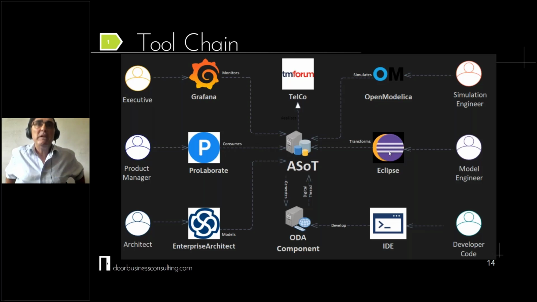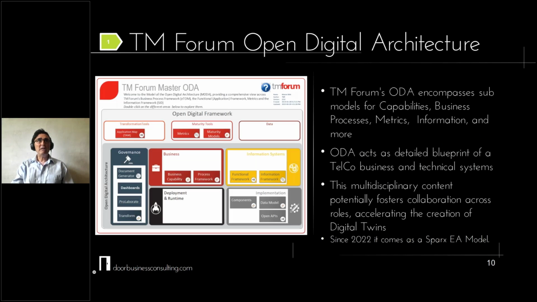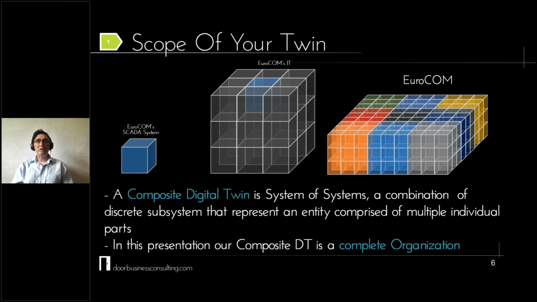So top-down has a very different meaning. You can start top-down in a part of the organization and start building. You remember that we said that a digital twin can be composed of multiple digital twins. So it's a system of systems. You can start top-down because you are the leadership in charge of this SCADA system, and you create your own digital twin of this one.